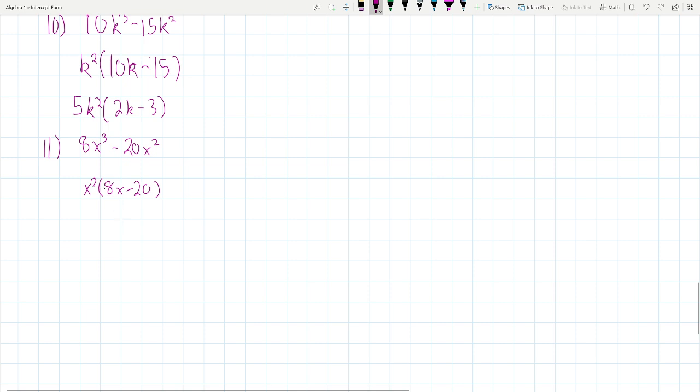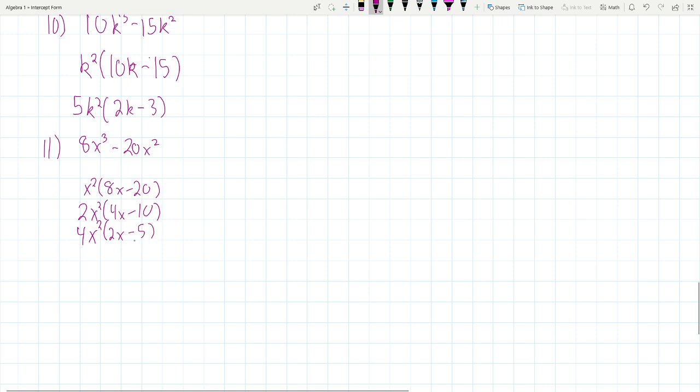I'm not sure what 8 and 20 have in common, but I know they both have 2, so I'm going to go 2x squared. That leaves me with 4x minus 10. Does anything go into both 4 and 10? Yeah, another 2. So I multiply this 2 out here, so I get, not 2, 4x squared, which leaves me with 2x minus 5.